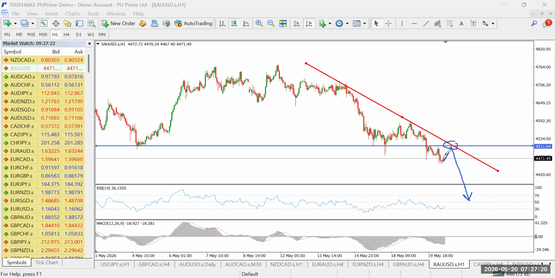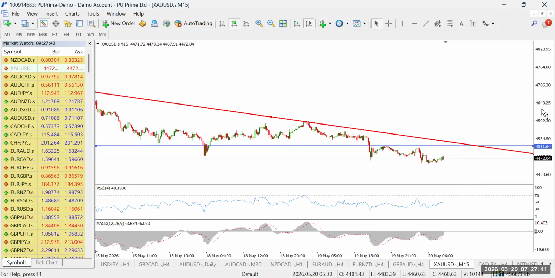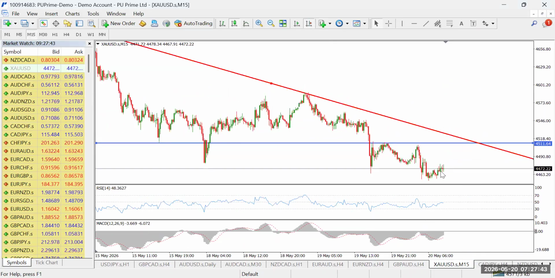So watch out for a retracement back to 4511.64. If price could retrace back to that area, now you can do one or two things. You may do a pending order there if that's your trading style, or you wait and go to a lower time frame like 15 minutes and capture a trend line breakout.